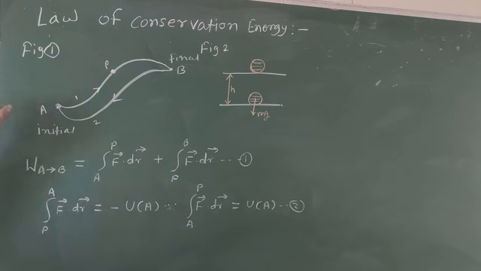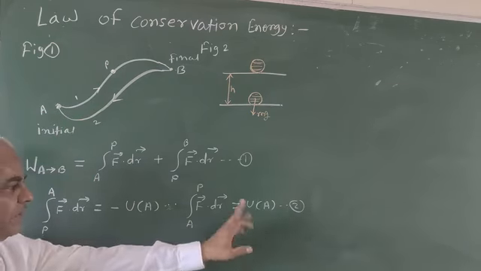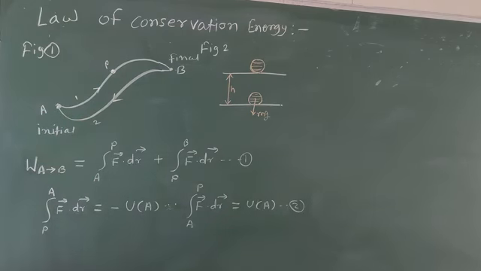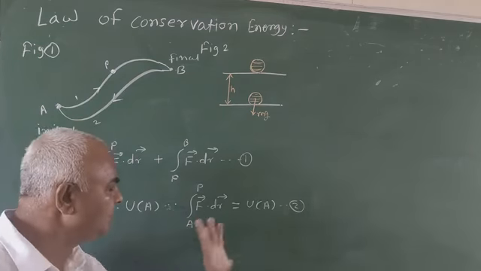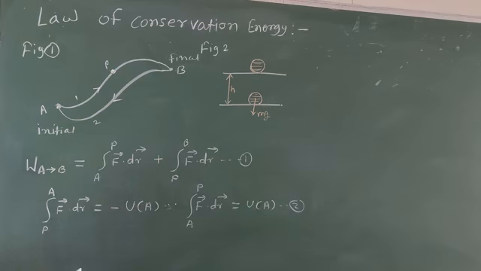When that object moves from A to P, the work done is given by this equation number 2, that is U of A, the total energy at point A.